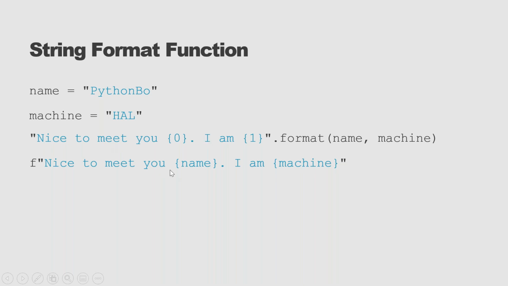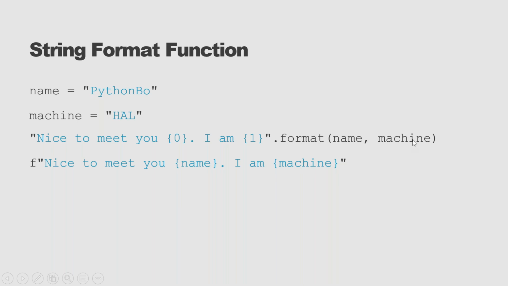And here you see string format functions, and I want to show you this very carefully. Name is a string, machine is a string. Now here you are formatting it. In this kind of code, format is a function. So how are you formatting it? Look at this: Nice to meet you, curly braces 0, I am curly braces 1.